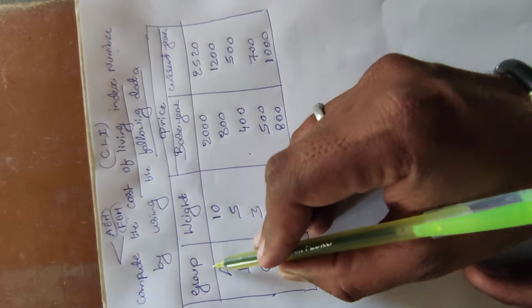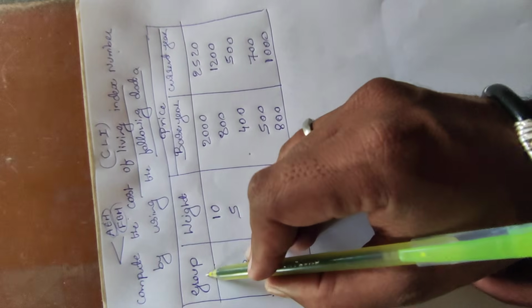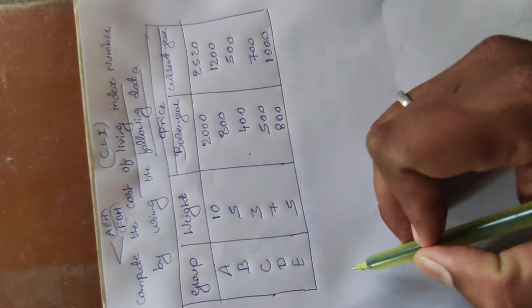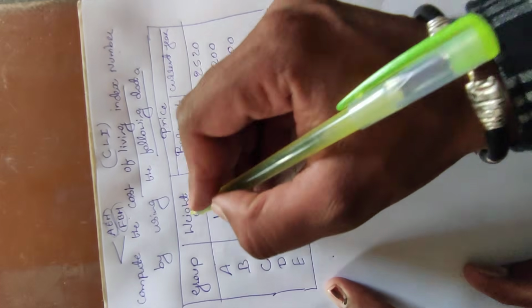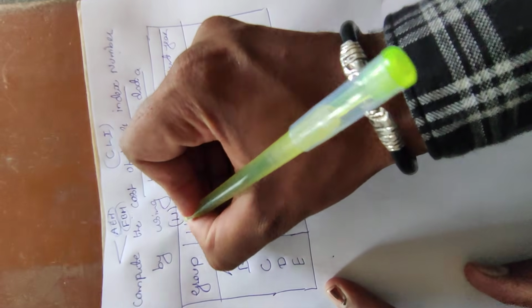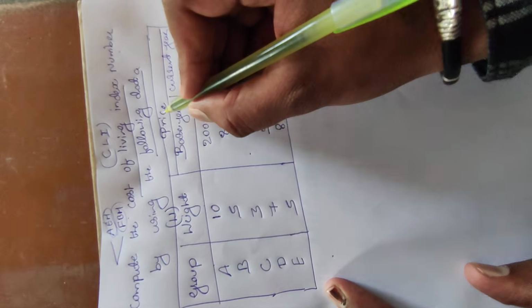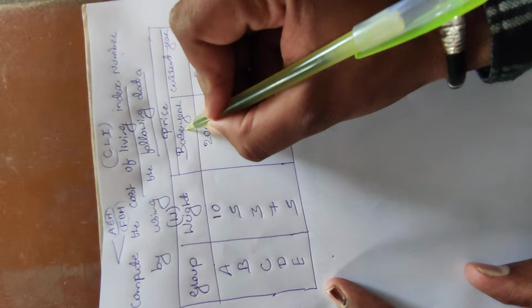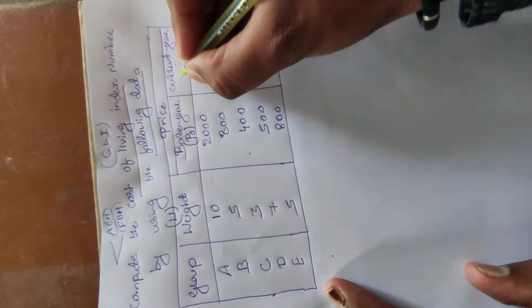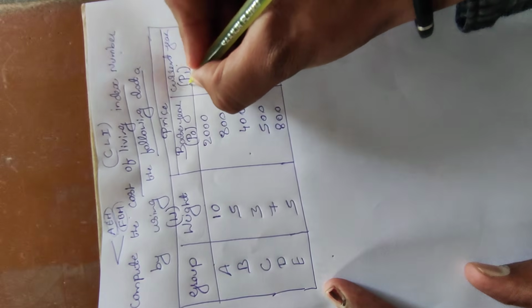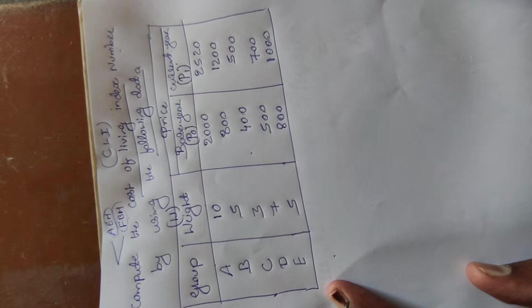In this problem, they give information of groups A, B, C, D, meaning commodities. Next they give the weightage, meaning W. Next they give the price of the base year and current year. The base year we indicate as P0, the current year as P1.